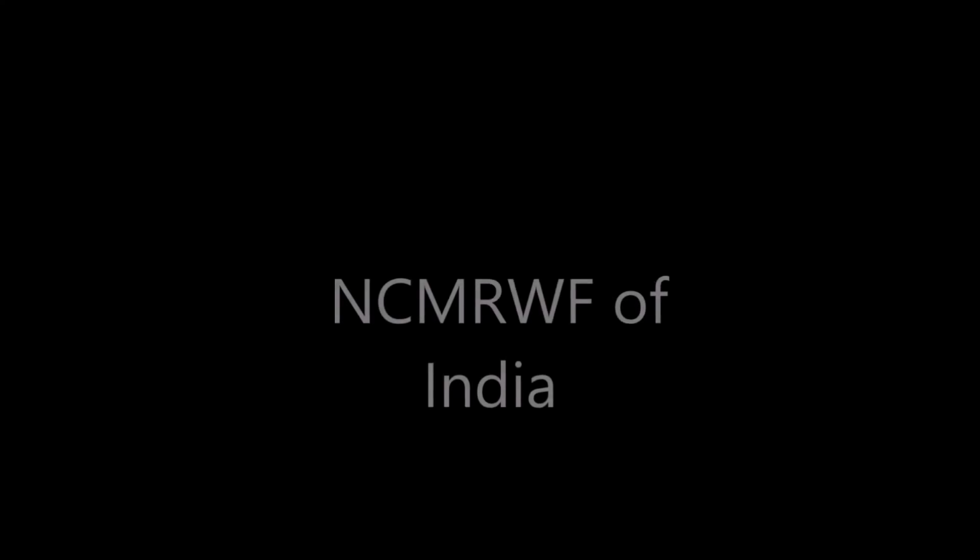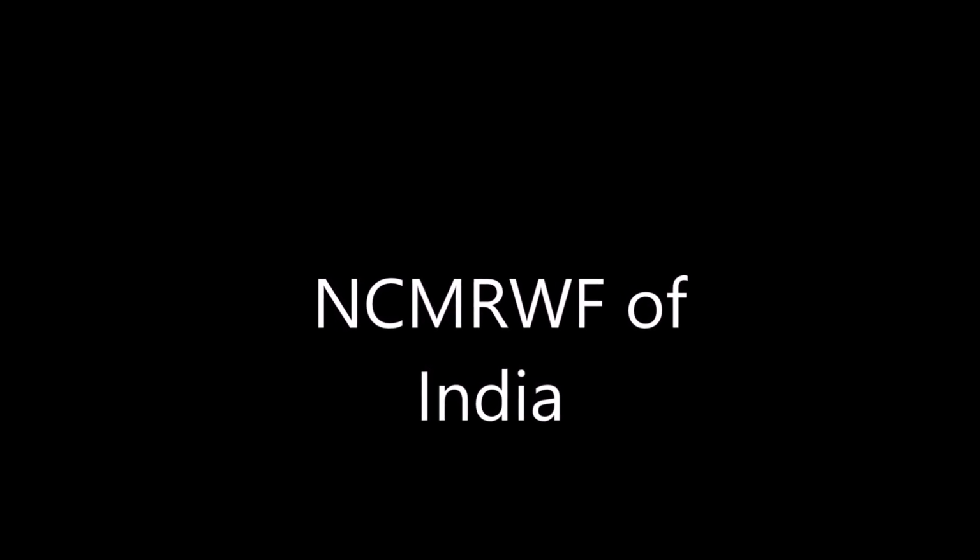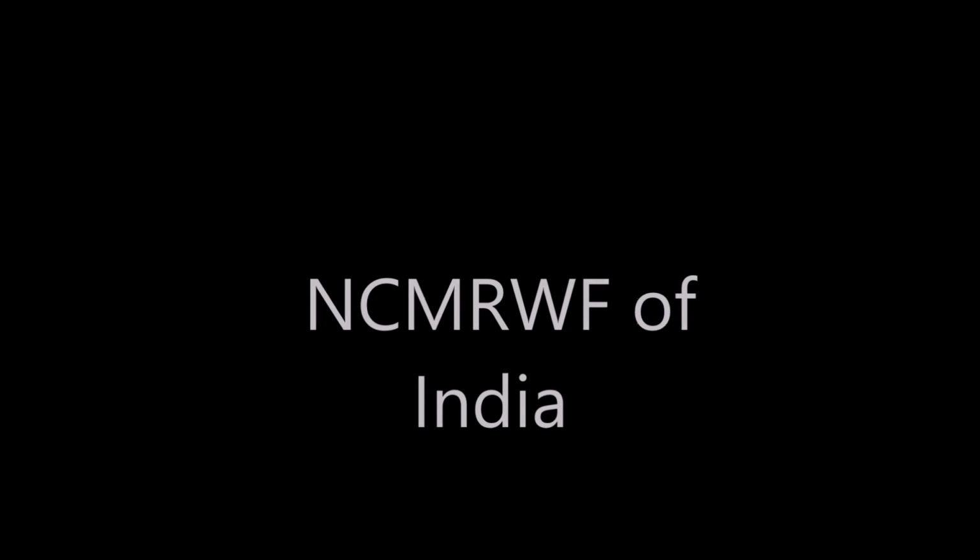Let us understand with an example of the National Centre for Medium Range Weather Forecasting of India, NCMRWF, which is used to forecast the weather and helps in different ways.